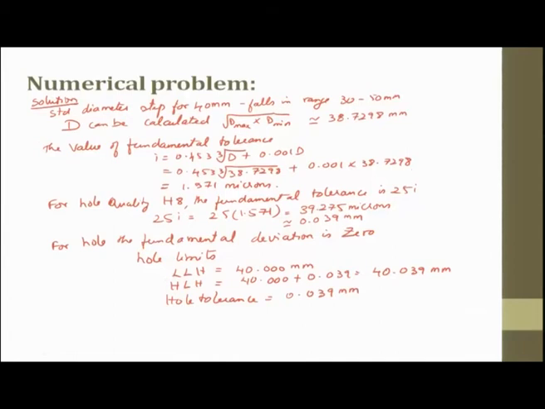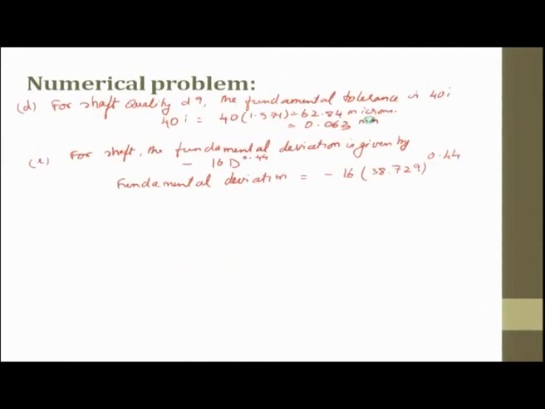This 38.729 came from here, D max minus T. So, this is the D we get, and we have substituted in the problem. So, this is nothing but minus 79.956 approximately. Okay. No, it is microns. It has to be in microns. So, if I want to convert into millimeter, it is going to be minus 0.080 millimeter.